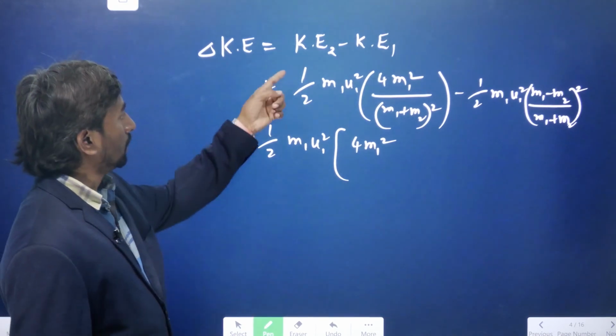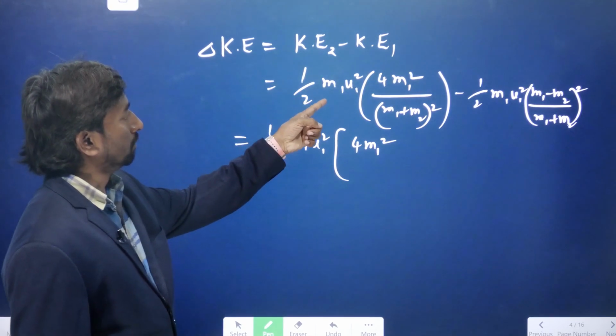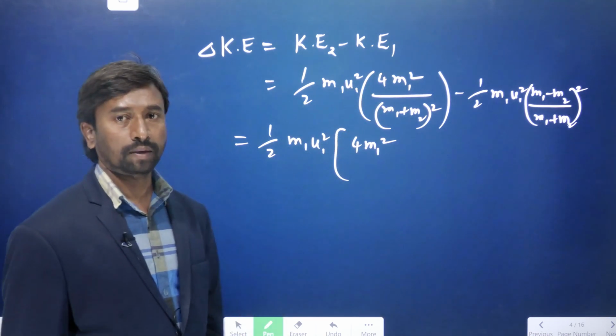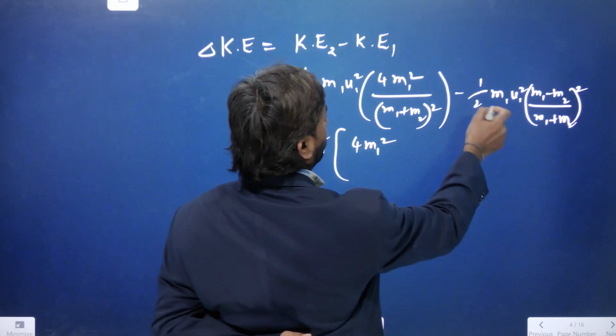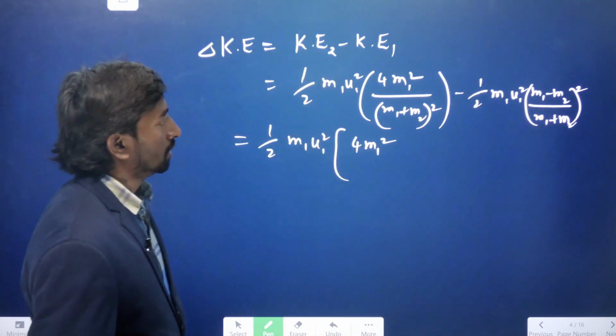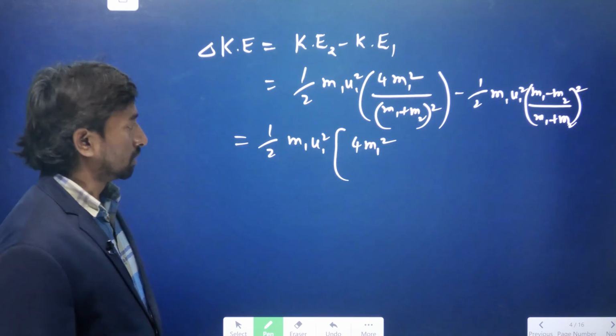KE2 we know is half into m1 u1 square into 4 m1 square divided by m1 plus m2 whole square. Next, half into m1 u1 square by m1 minus m2 whole square divided by m1 plus m2 whole square we can write here.